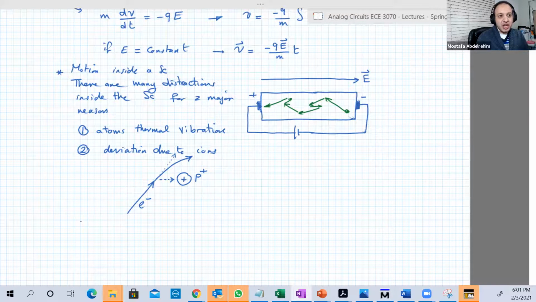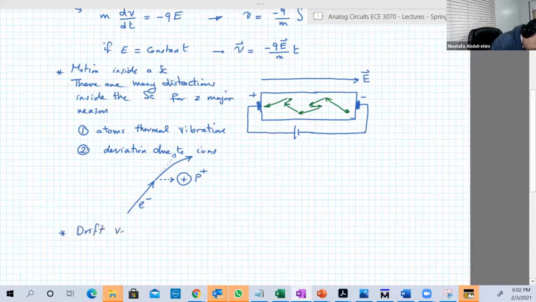This velocity is actually the drift velocity, and they could derive equations for it, and they found that this drift velocity is just proportional to the applied electric field. If the electric field is small enough, the relation will be linear. So the drift velocity of electrons is proportional to the electric field.